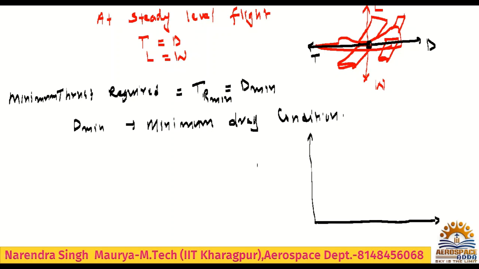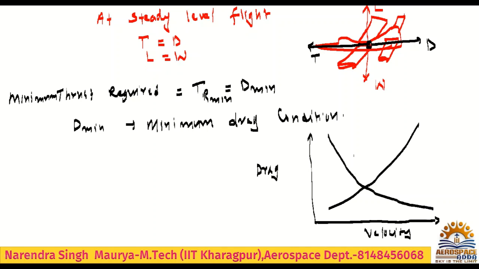If you draw a graph between drag and velocity, this is nothing but induced drag, and this is nothing but parasite drag.